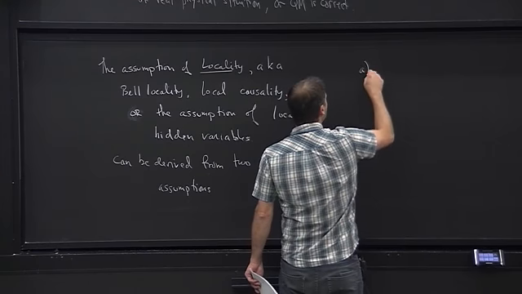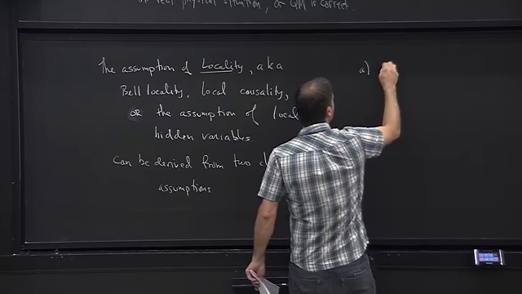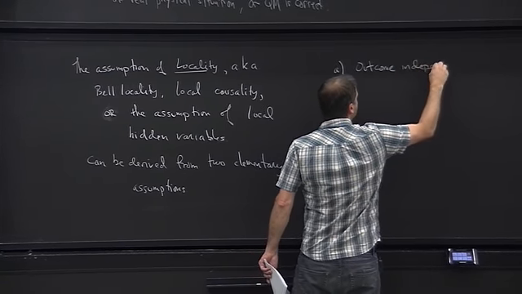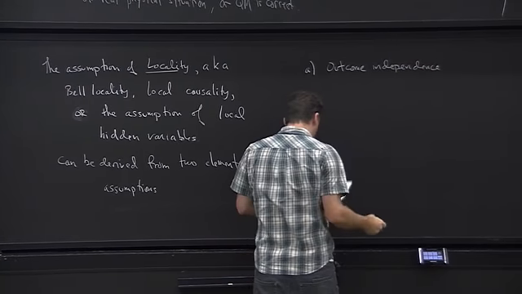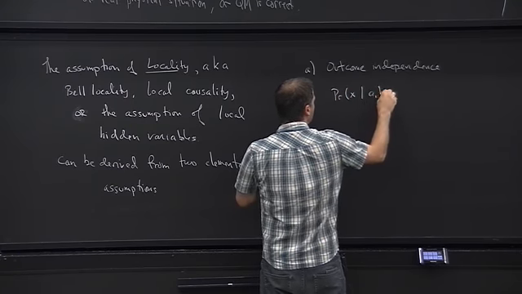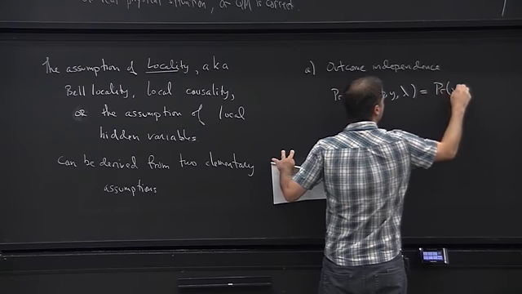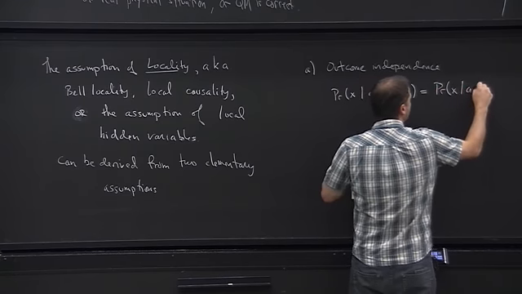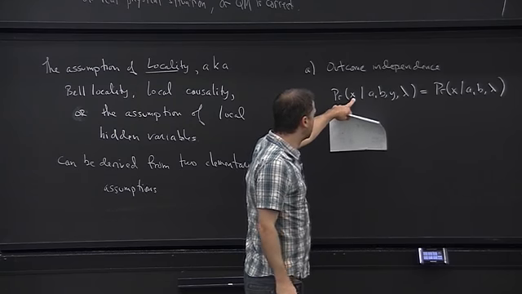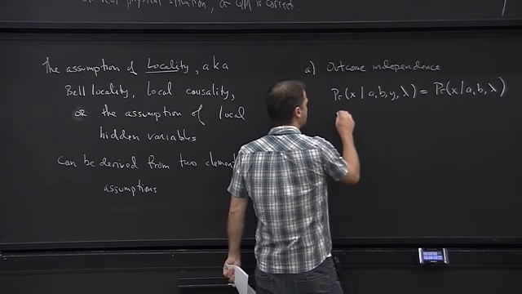Assumption A is called outcome independence, which is that the probability of X given A, B, Y, lambda is equal to the probability of X given A, B, lambda. So we're saying that the probability of an outcome X does not depend on Y, and vice versa for Alice.